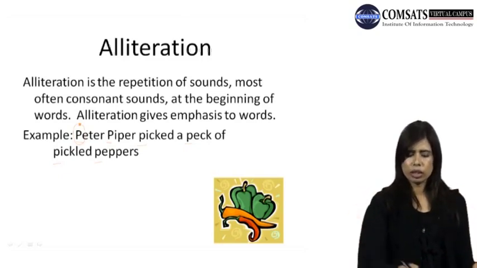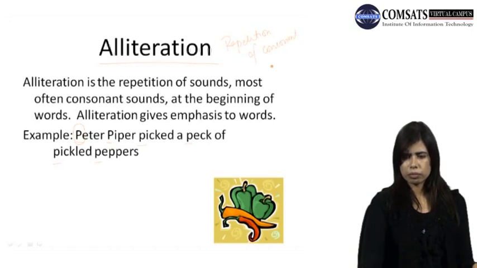So my dear students, what you have to keep in mind when we talk about alliteration is that it is the repetition of consonant sounds at the start of words in a verse.